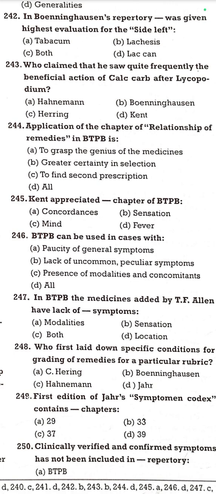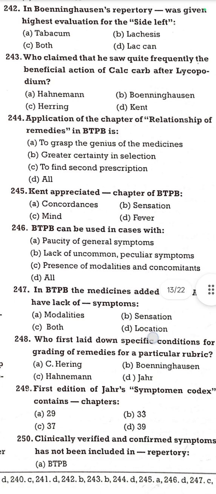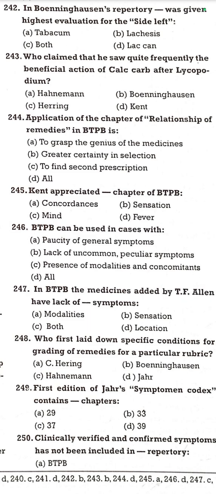So Bonninghausen claimed this. 244, application of the chapter of relationship of remedies in BTPB is to grasp the genius of the medicine, greater certainty in selection, and to find second prescription. 245, Kent appreciated concordance chapter of BTPB. Next, BTPB can be used in cases with paucity of general symptoms, lack of uncommon peculiar symptoms, and presence of modalities and concomitants.